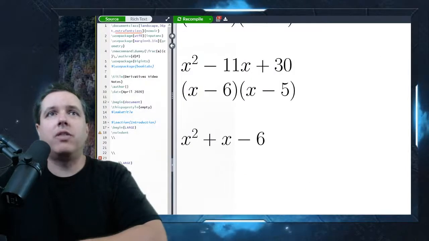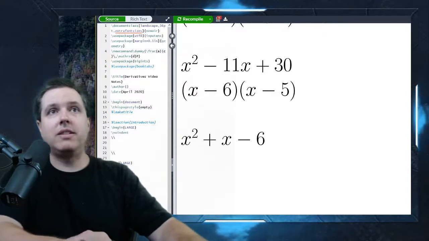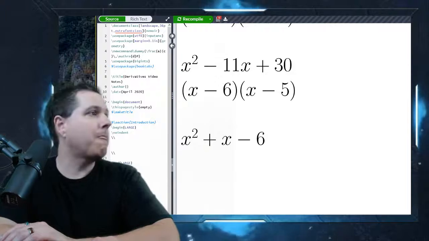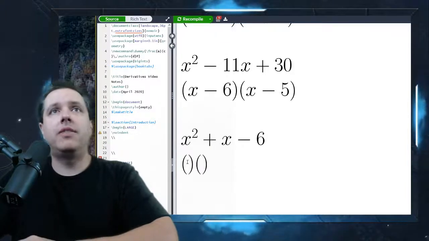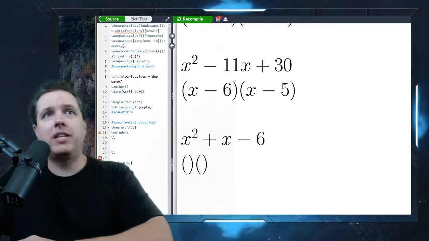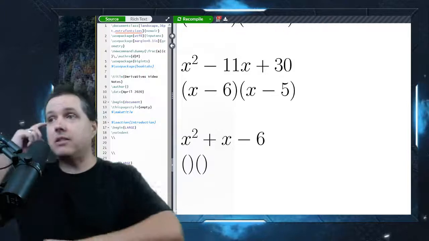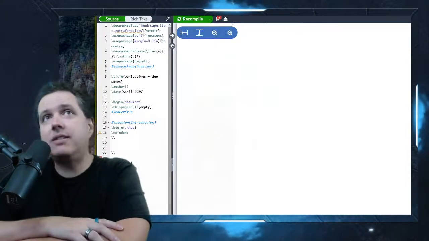Okay, so let's think our way through this one. So I'm going to go, I need parentheses. So I'm putting parentheses in there. All right, and then I go, well, x squared can only break down one way. So that's going to be x and x. So I put my x's in the parentheses.